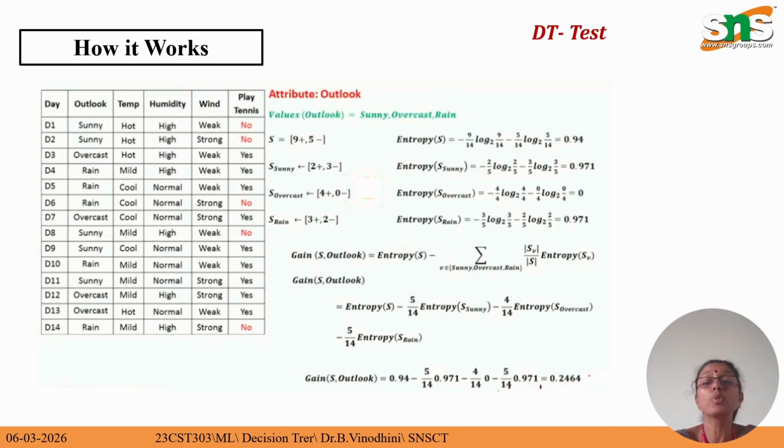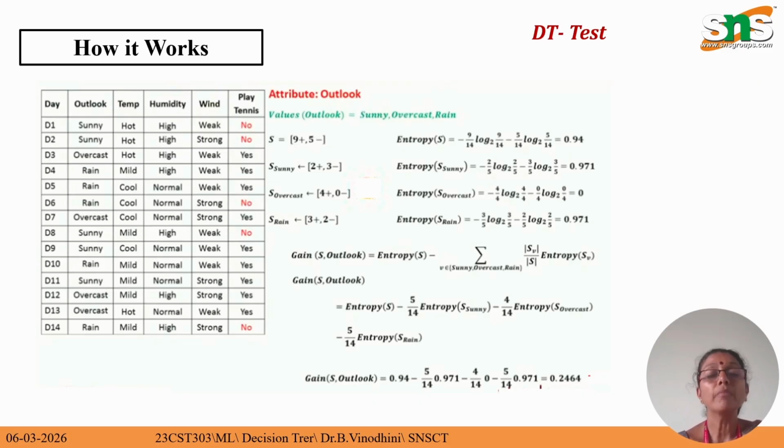We find the number of yes and no, that is, the occurrences of probability of plus and probability of minus, and based upon that the entropy is calculated. After that, the information gain is calculated for every attribute: the information gain of outlook, temperature, humidity and wind.